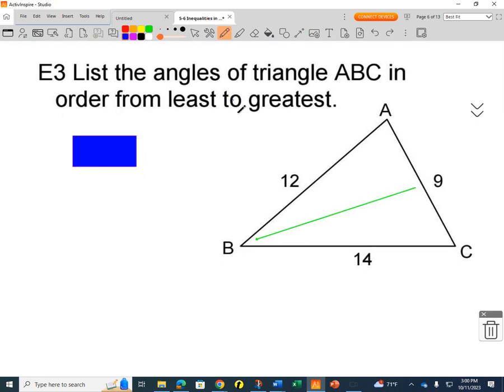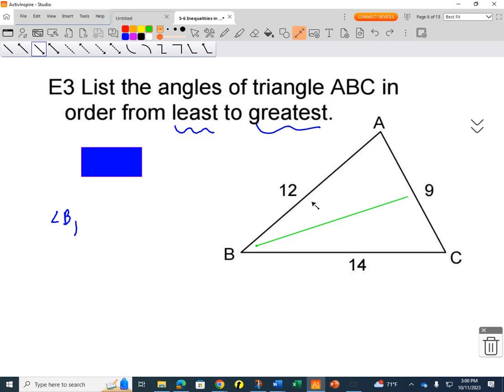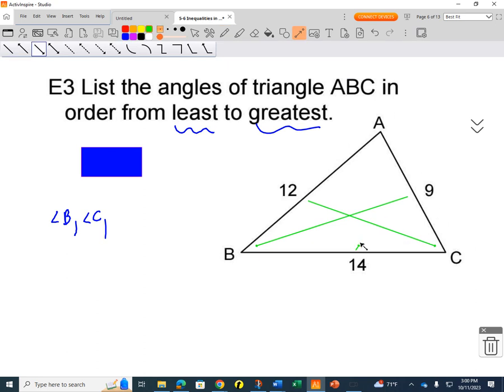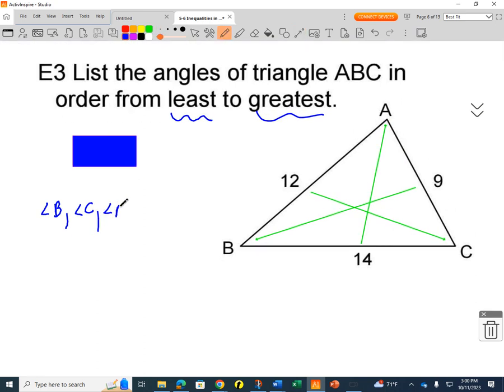Since it said least to greatest, we're going to say angle B. Then we're going to say, well, 12 is the next smallest. So the angle across from that side is angle C. And the angle across from the longest side, that's angle A. Angle A is the largest angle. Okay?